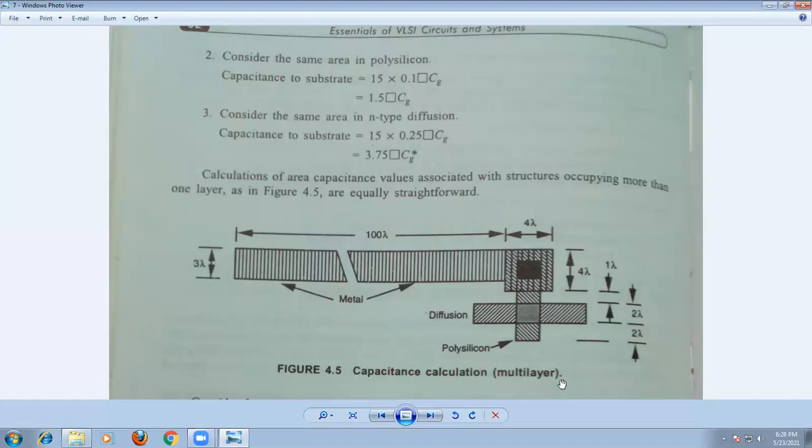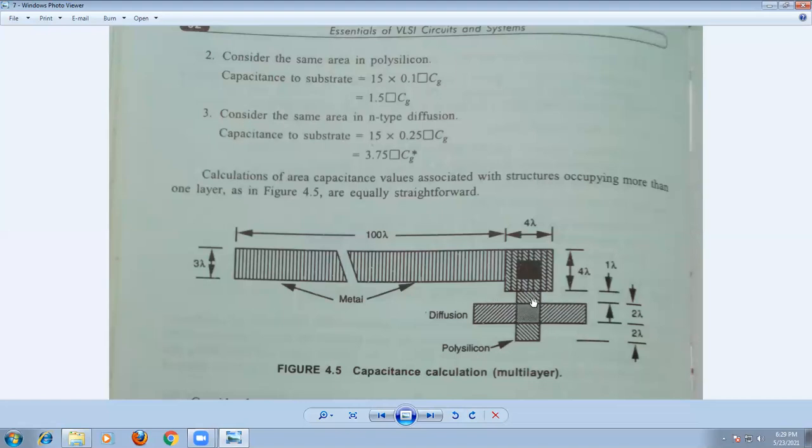That means totally we are having 3 structures: one is metal, one is poly, and the third one is transistor formation. The transistor formation is connected here, and we are moving in this direction. So we have to consider this as the gate terminal. This is the drain or source region, and this is the gate, always the gate. Therefore, gate capacitance you have to consider.